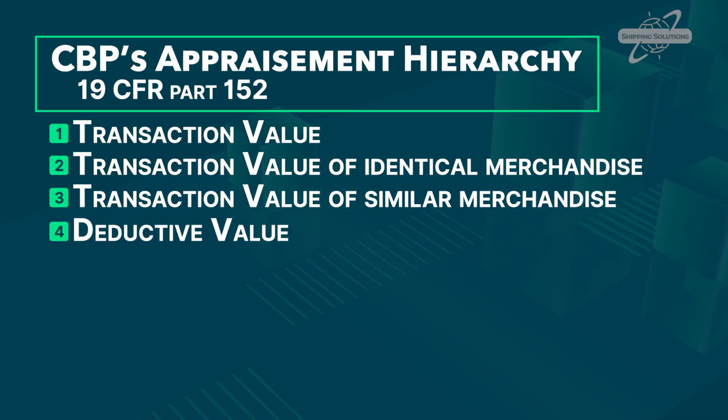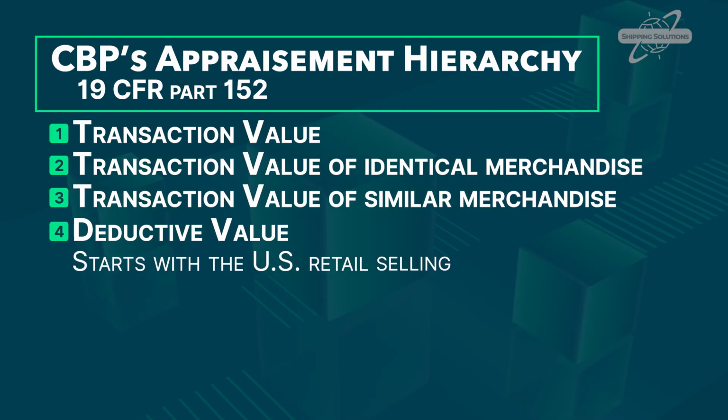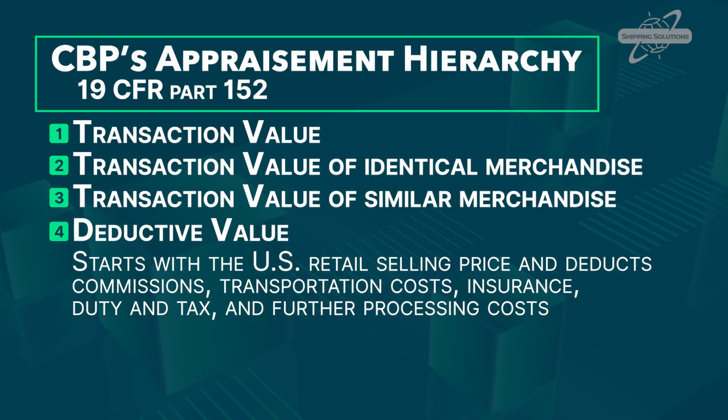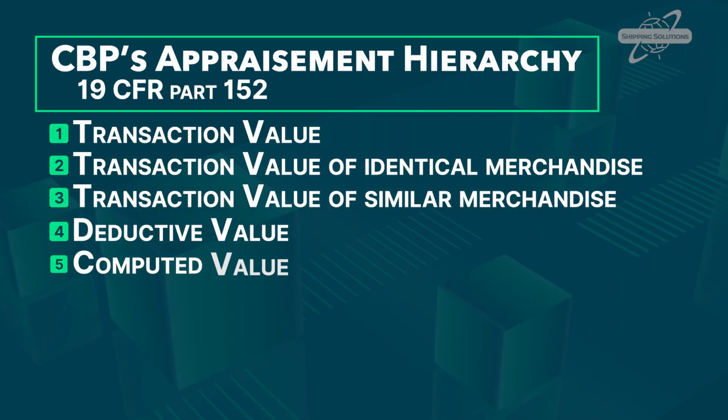Deductive value. If no suitable transaction value exists, CBP starts with the U.S. retail selling price and deducts commissions, transportation costs, insurance, duty and tax, and further processing costs. Computed value.